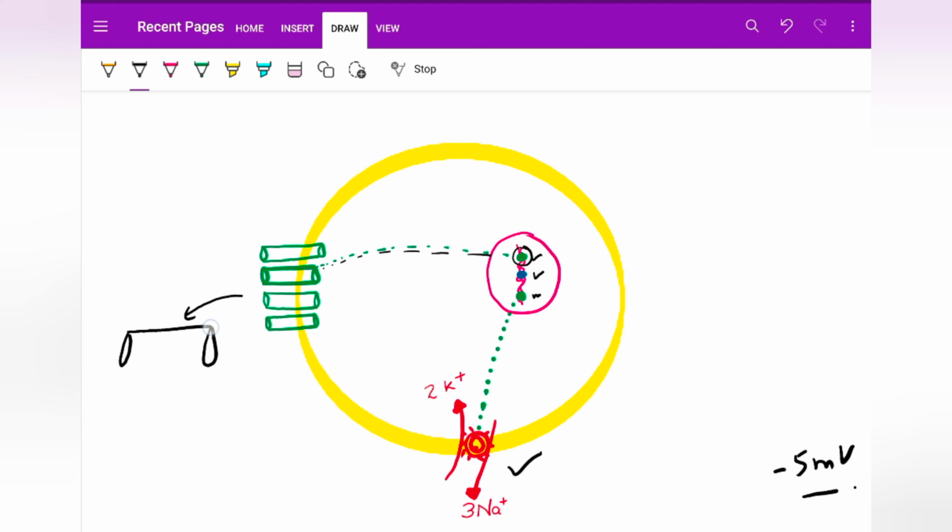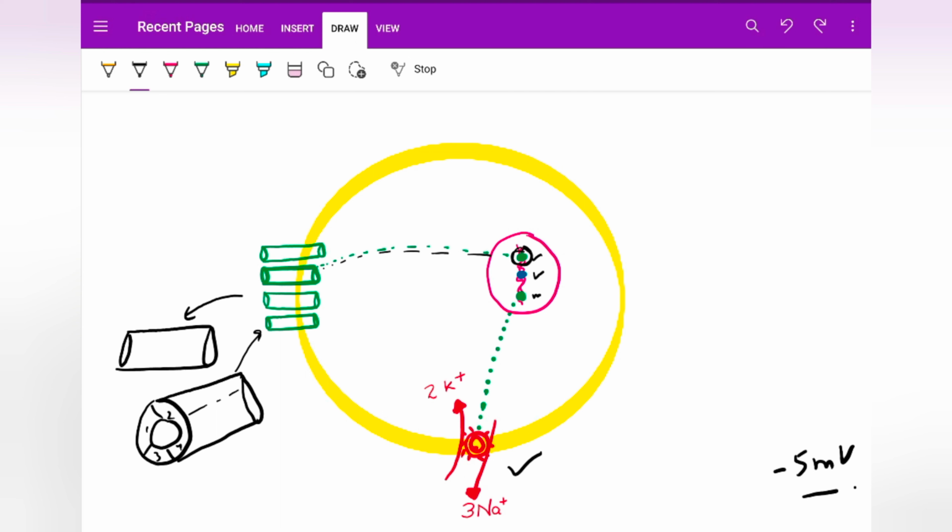Basically, this protein is made up of peptide chains, one, two, three, whatever their number is. This gene is making some peptides, and those peptides clump together and make a pore, and this pore is embedded into the cell membrane.